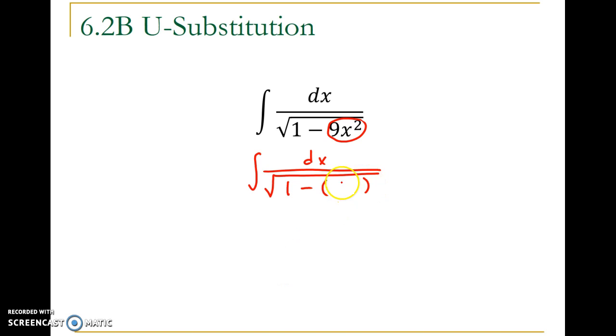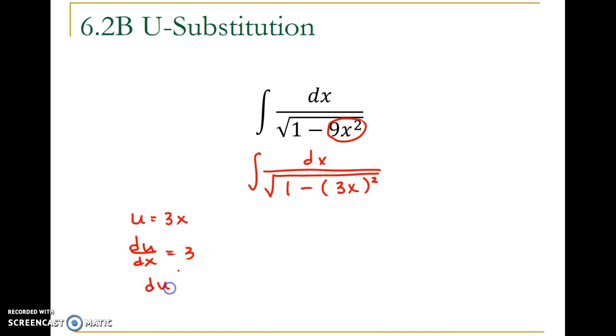So what if I rewrote this as quantity 3x squared? Do you see how 9x squared is equivalent to 3x squared? So now my baby is 3x. My derivative is going to be 3.